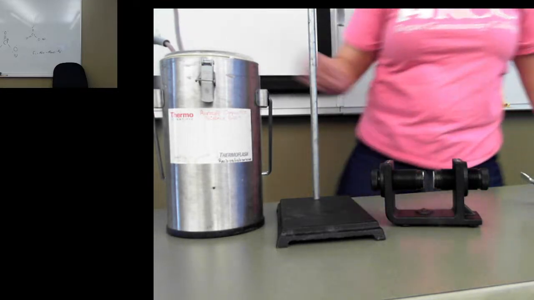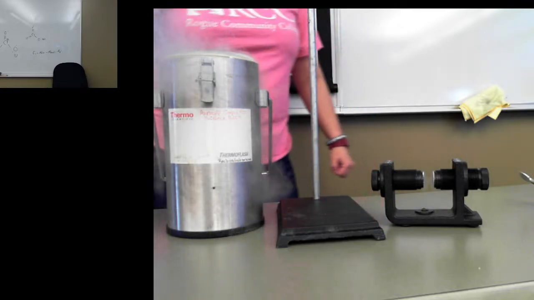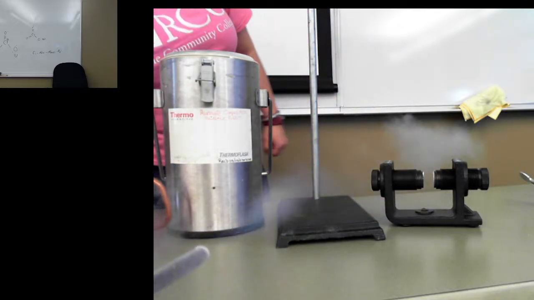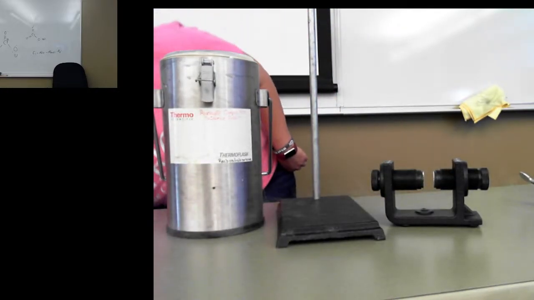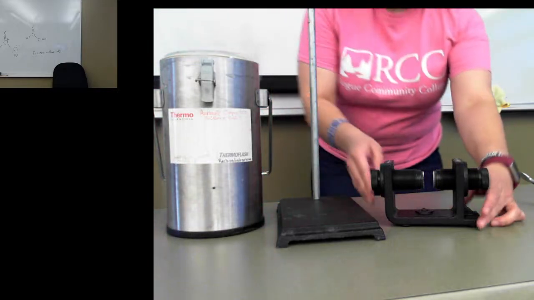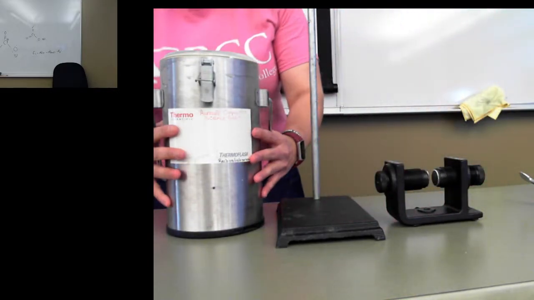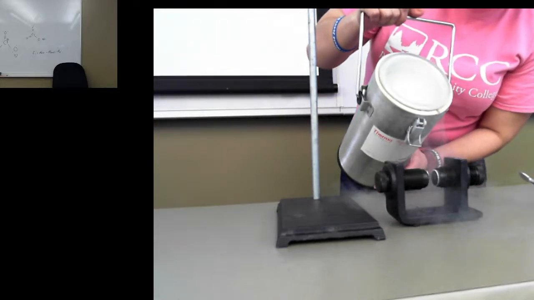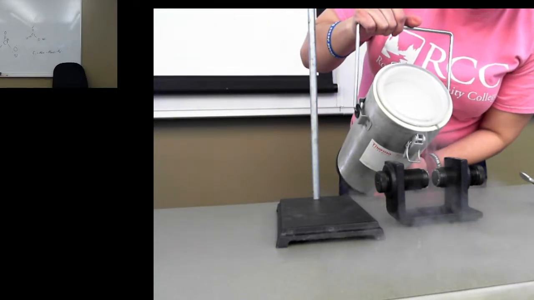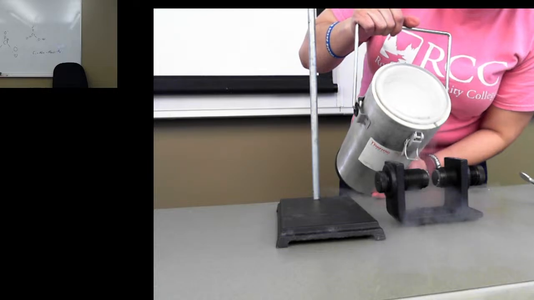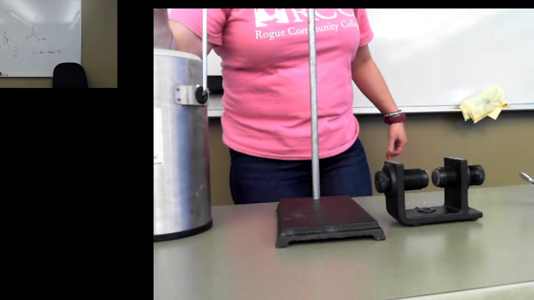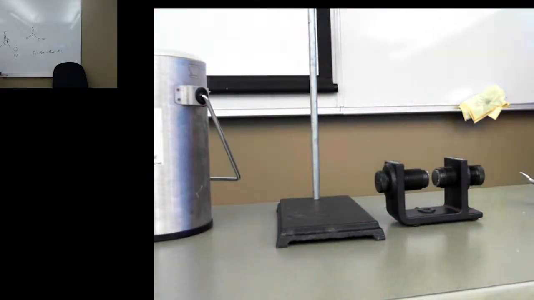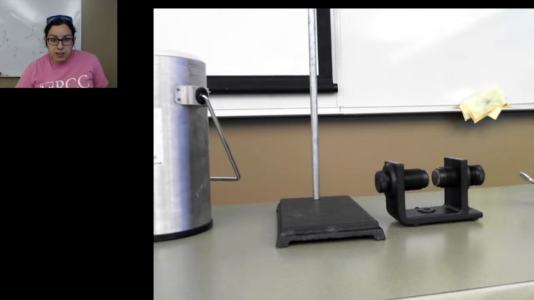Now, again, we'll do the liquid nitrogen. I'm trying to save some. But it just passes through. It's not catching on the magnet. We can repeat that if we need.